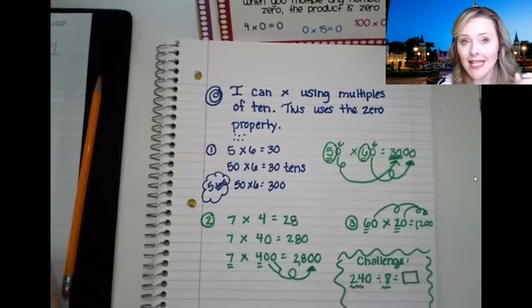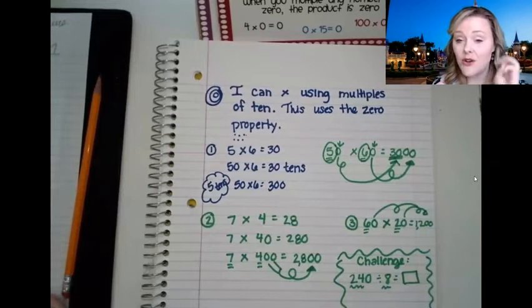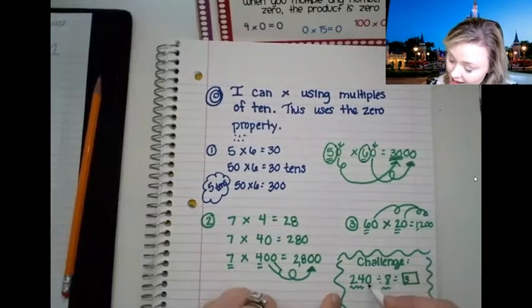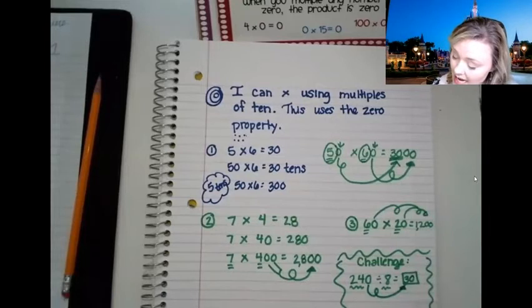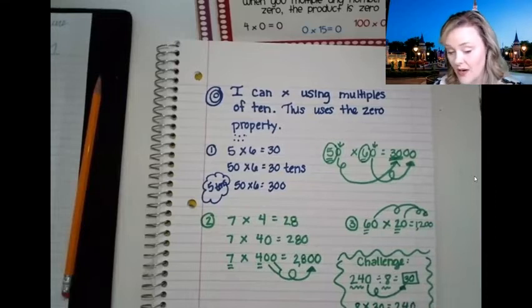So I can sing my 8 song, row, row, row your 8s, 8, 16, 24. So 3. So there are 3 groups of 8 in 24. So if I have 3, but I know that I have this 0, then 8 times 30 must equal 240.